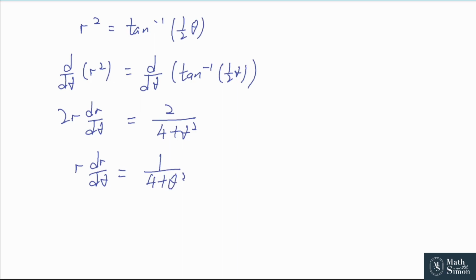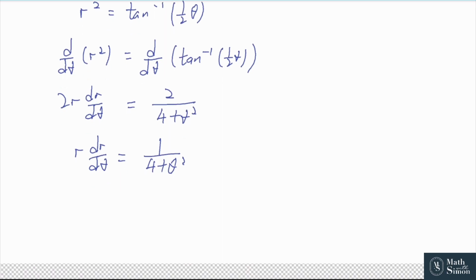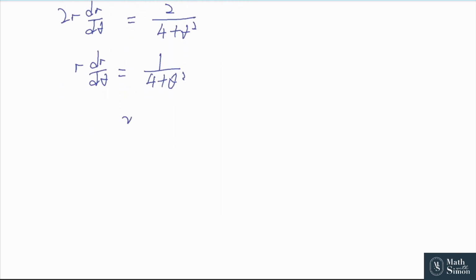Why do we need this? Now we have x is equal to r cos theta. Instead of substituting the r here and then differentiating, we differentiate while the r is there. So we have dx d theta. Because r is a function of theta, we need to use the product rule.